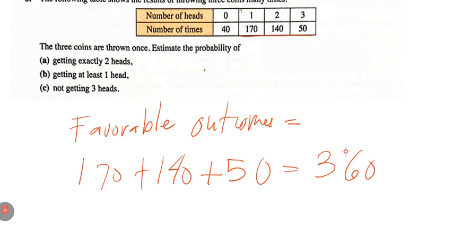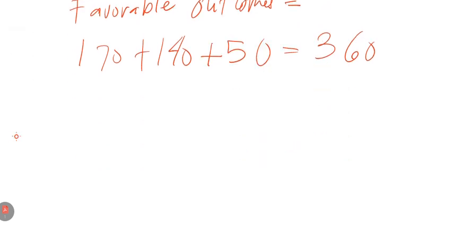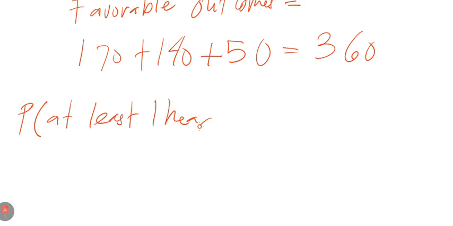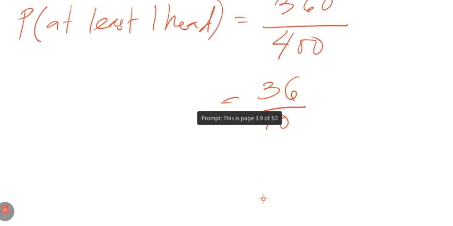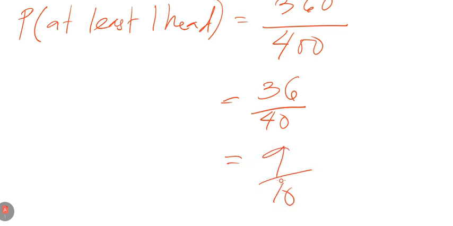360. Now, since we have the favorable outcome, the probability of at least one head is 360 over 400, which we can reduce to 36 over 40, and simplify further to 9 over 10.